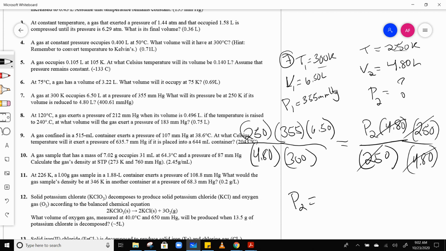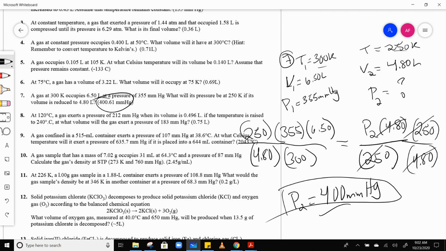P2 equals 400 mmHg. We're at 401, really. There are too many decimals there. It should only be 3 sig figs, but whatever. Okay, so that's the pressure.